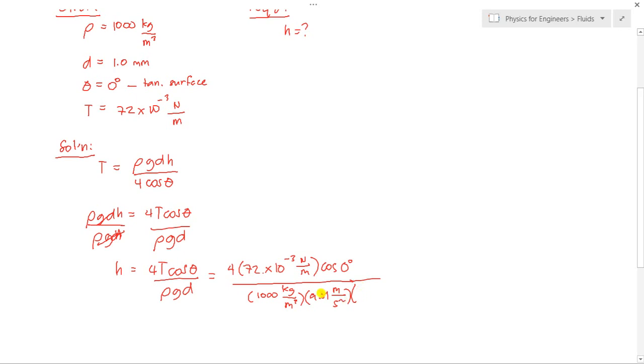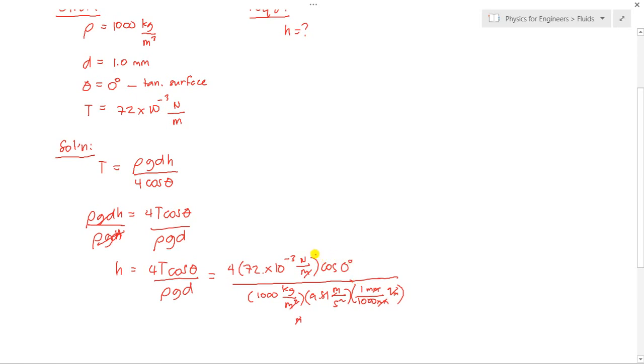Since the other units are in meters, convert 1 mm into meter: 1 mm over 1000 mm is equal to 1 meter. Okay, cancel. Then cubic meter leaves meter, and what remains here.